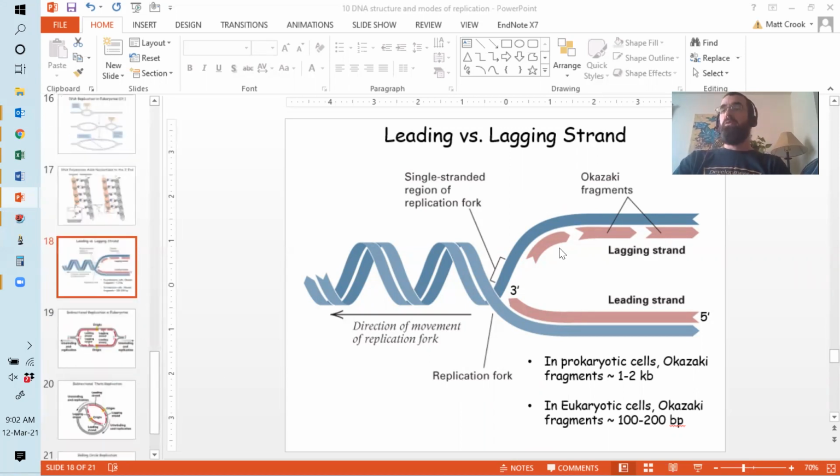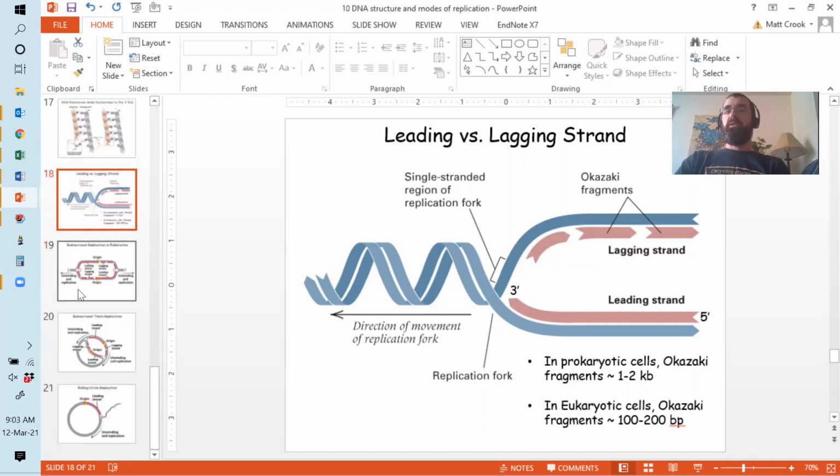That's why this is called the lagging strand. Because if you think about DNA replication as a whole, going from one chromosome essentially to two, for one of those, it's going to take a lot longer to put all of these bits together than it will the leading strand, which is made of much larger pieces.